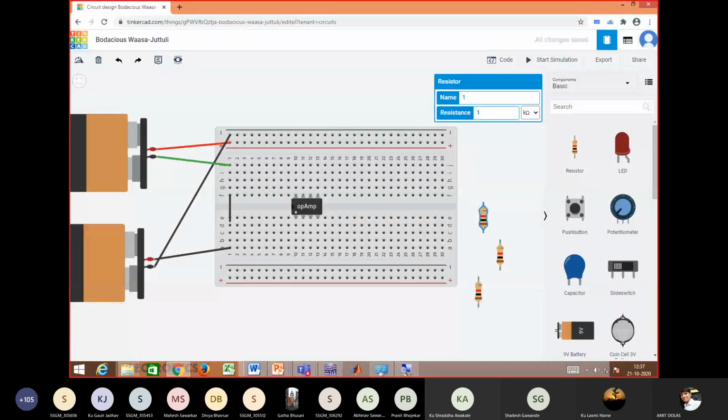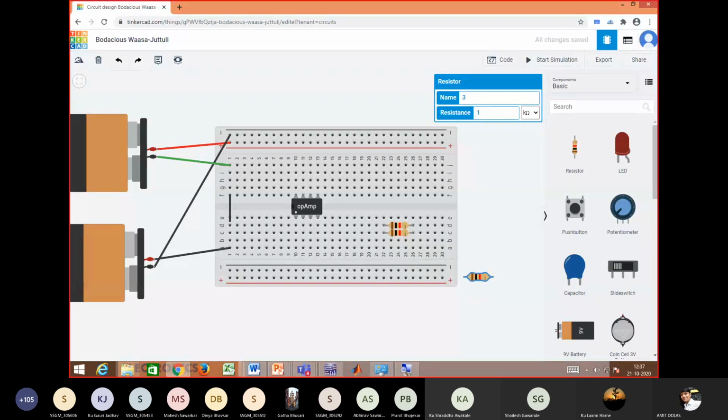So I'll rotate it, and it will of course be connected to pin number 2, as it is an inverting summing circuit. So this is another resistance R1, R2, and this will be say R3.